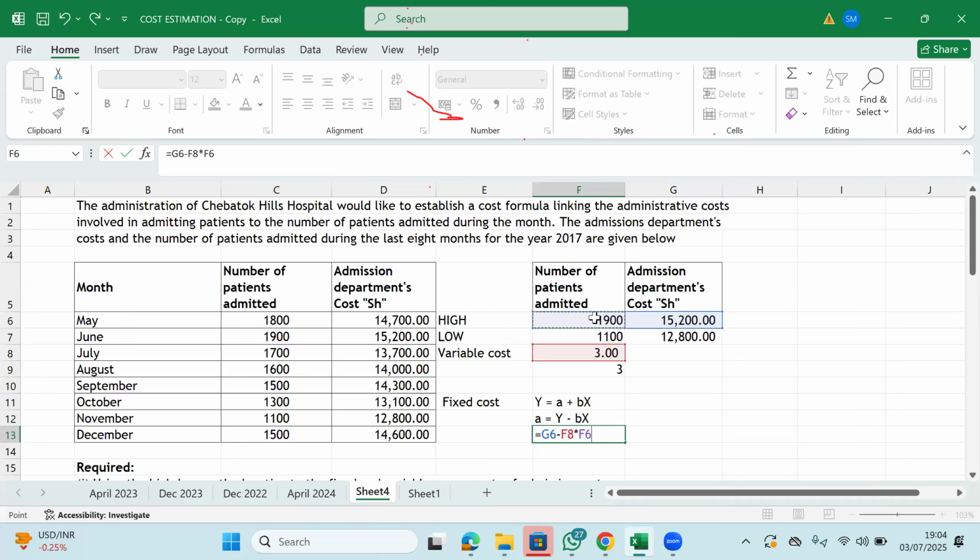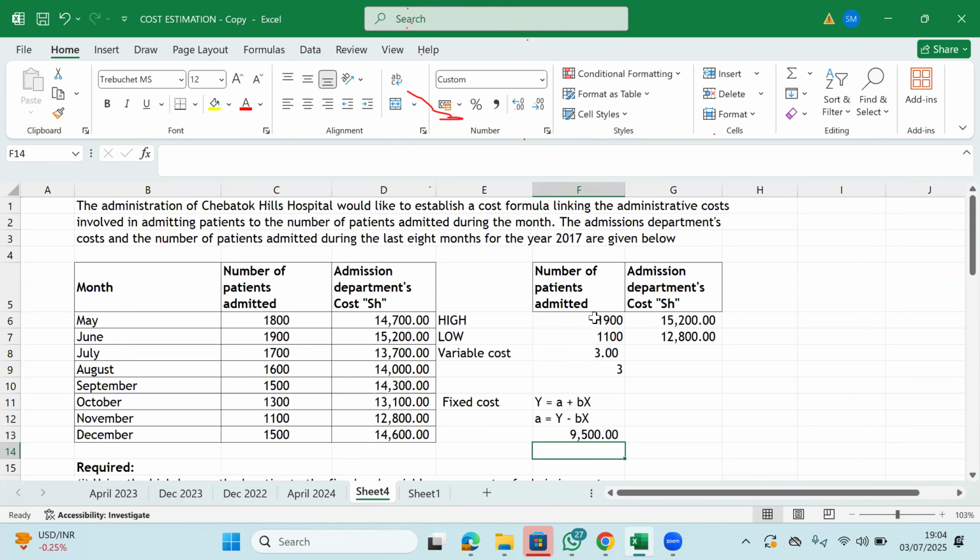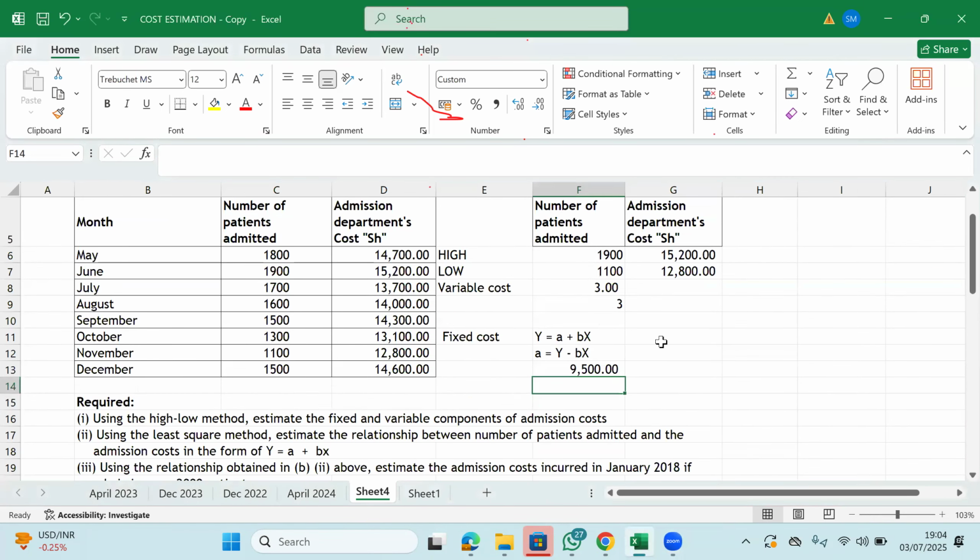So then we have that particular model, or our fixed cost, sorry. And 9,500 is our fixed cost, which I think majority of us are getting.